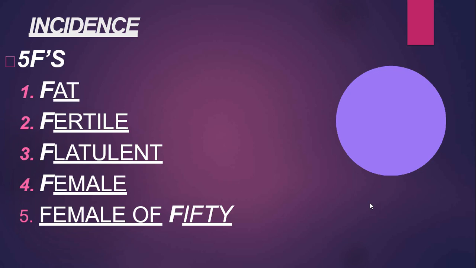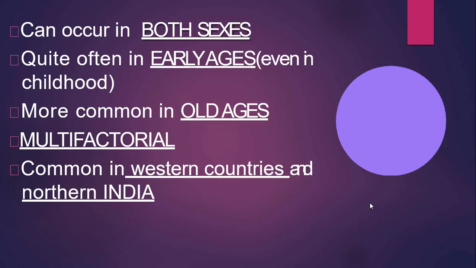Flatulent means patients who have a distended abdomen, gaseous distension, females of 40 or 50 years of age. But it can occur in both sexes, so males also have cholelithiasis, quite often at early ages, even in childhood. And when in childhood, you must think of congenital disorders related to hemolysis. It is more common in old age.